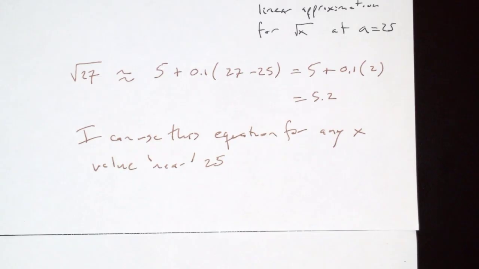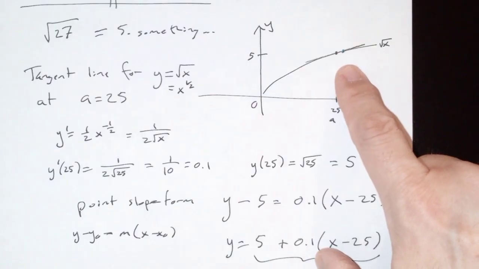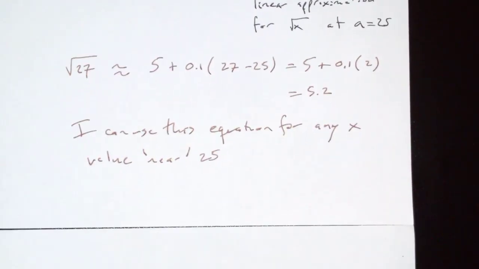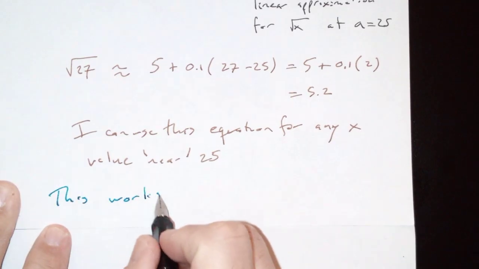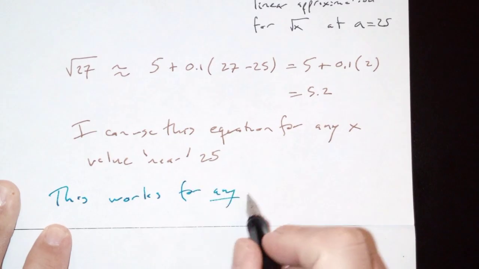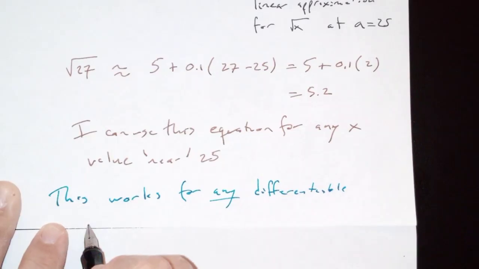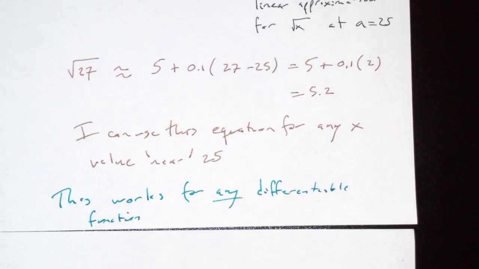But as long as I'm asking for a number near a perfect square, then the curve and the line are sufficiently close together. I can do this for any function, as long as f is differentiable. So let's generalize this.